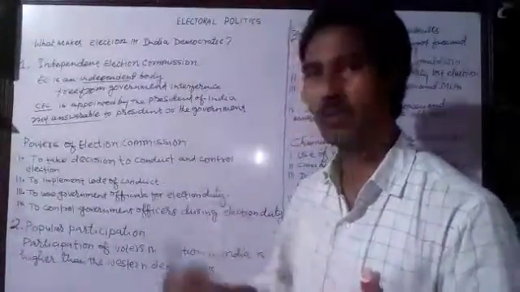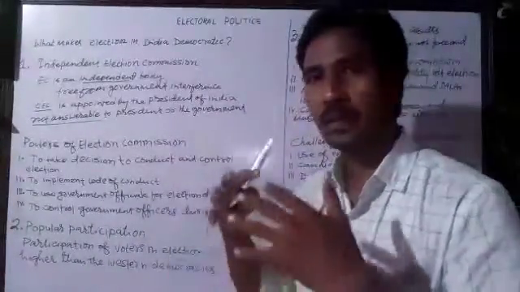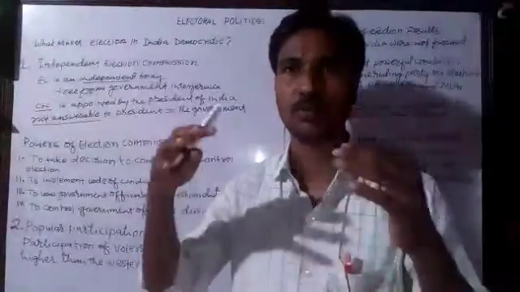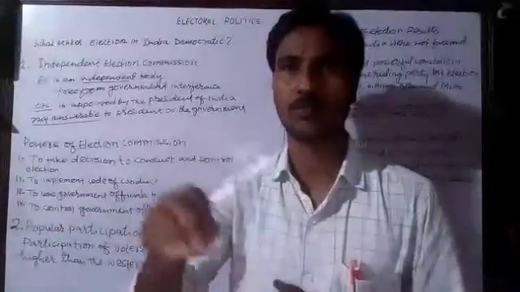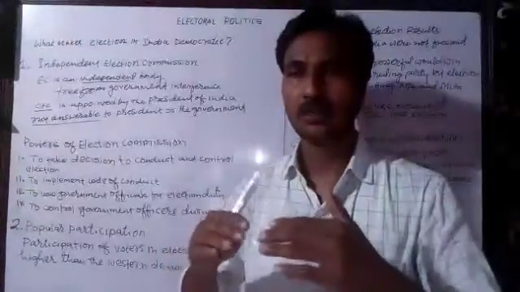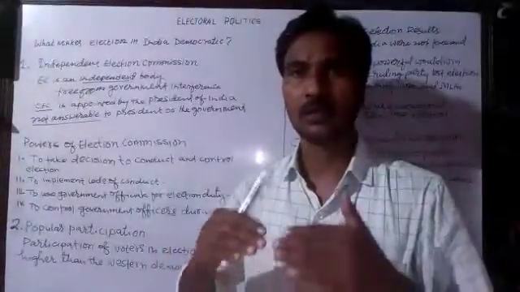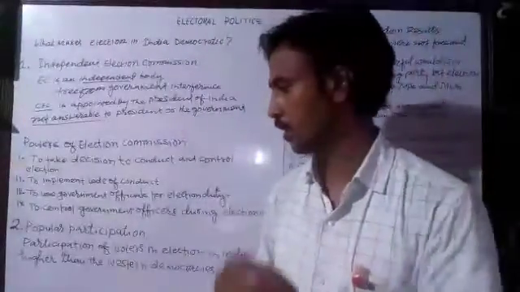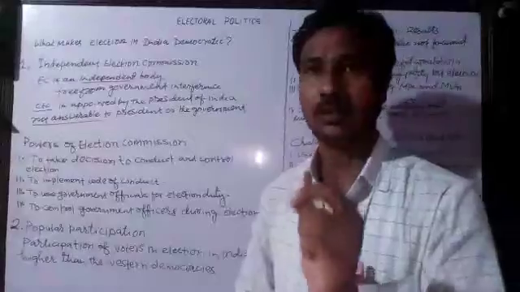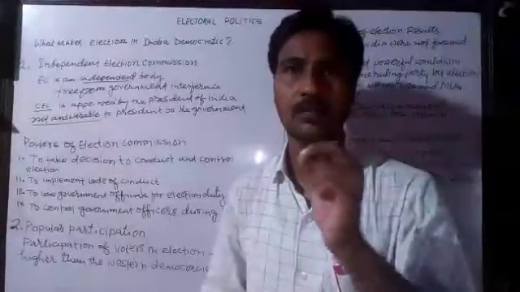The number of voters who take part in election and give their votes is always constant, or in recent years it has even increased, and therefore it also proves that the election in India is democratic.